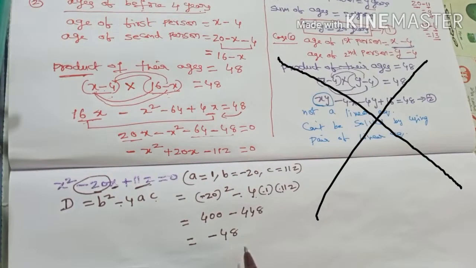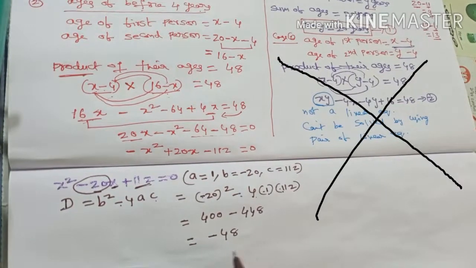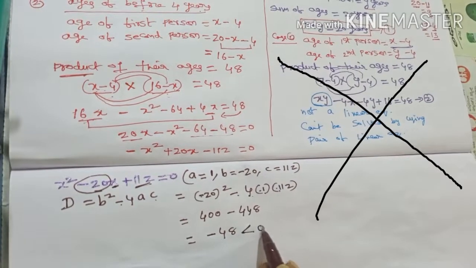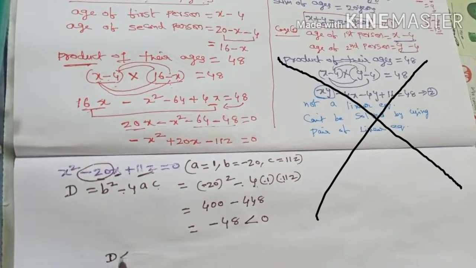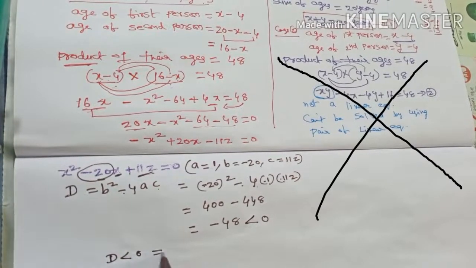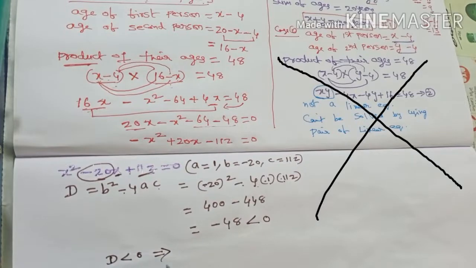Is this value less than 0 or greater than 0? It is a negative number. According to the definition, a negative number is always less than 0. That means what we have obtained here is D less than 0. Then what is the nature of the roots?